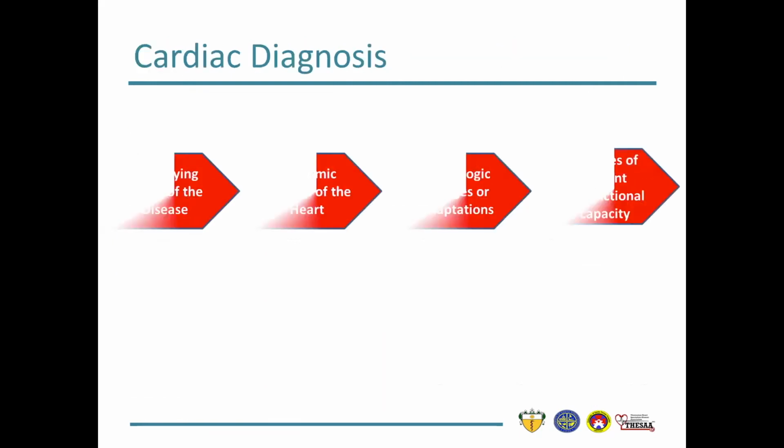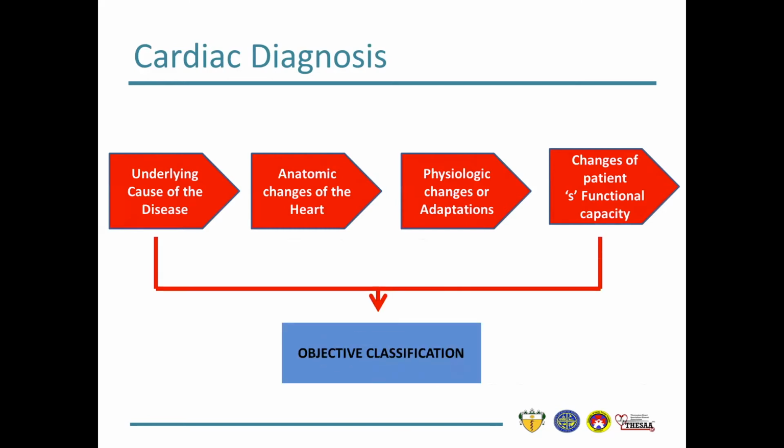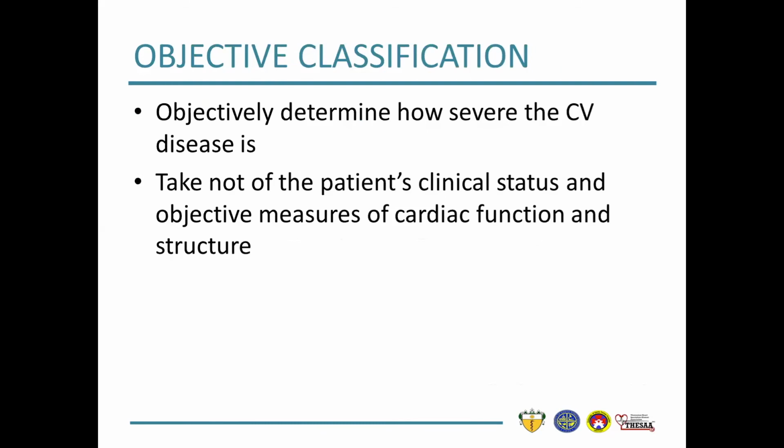So if you are going to combine underlying cause of the disease, anatomic changes of the heart, physiologic changes or adaptation, as well as changes of the patient's functional capacity, you can come up with an objective classification. So the objective classification is deemed to objectively determine how severe the cardiovascular disease is and take note of the patient's clinical status in objective measures of cardiac function and structure.